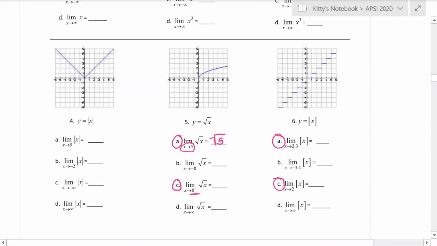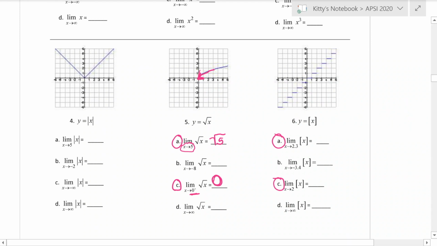You're going to go to the right, and then you're going towards that x. As you go towards that x, what y value are you approaching? You are approaching 0. There is no other side, so that's why we don't ask about the other side.